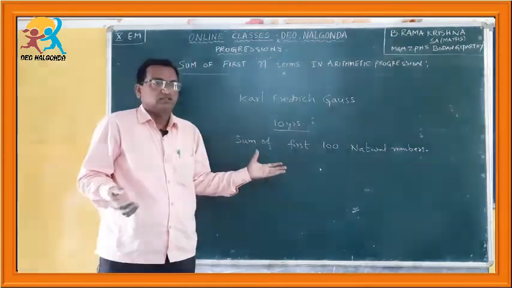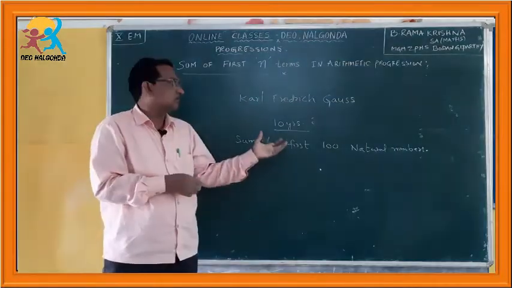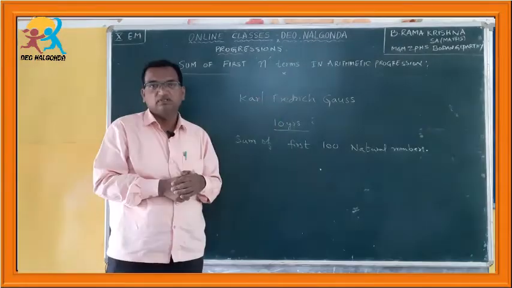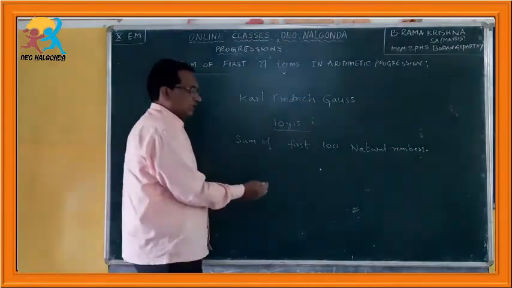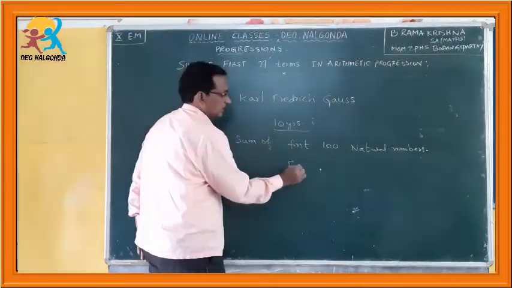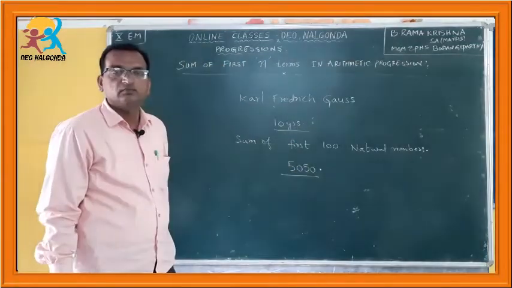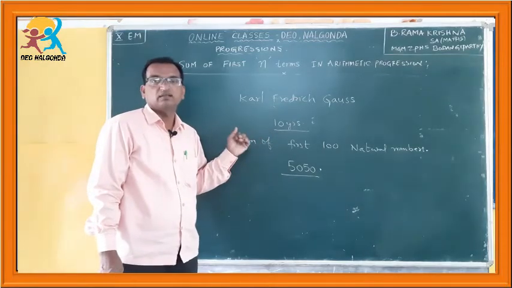All the students started counting and adding. But Carl Friedrich Gauss immediately answered the total as 5050. How could he do that?